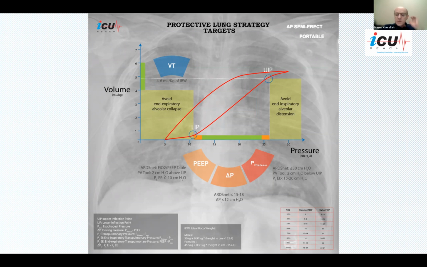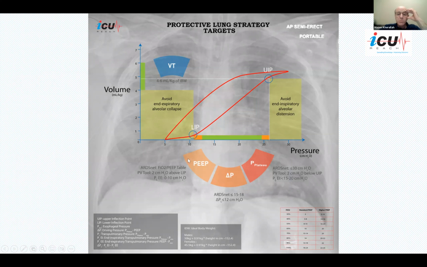When we ventilate someone with ARDS, in our minds, we put this PV curve, and we have this lower inflection point and the upper inflection point. If we put a pressure lower than the lower inflection point, we end up having alveolar collapse. So the first principle is to avoid end-expiratory alveolar collapse and avoid atelectatic trauma.